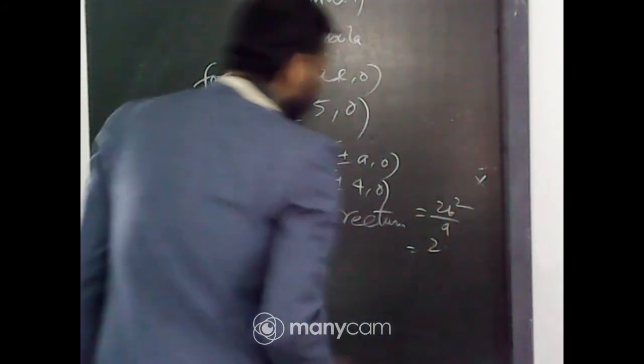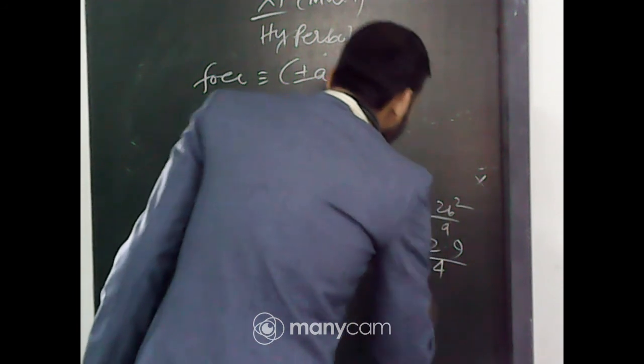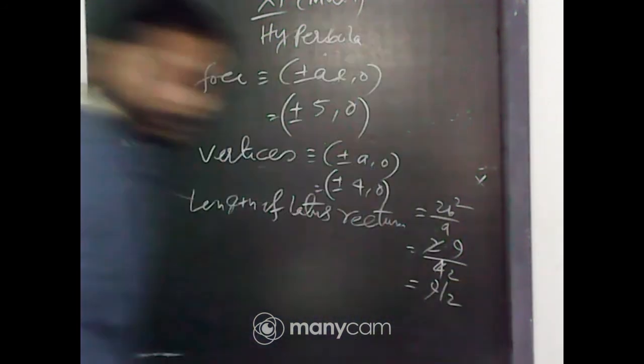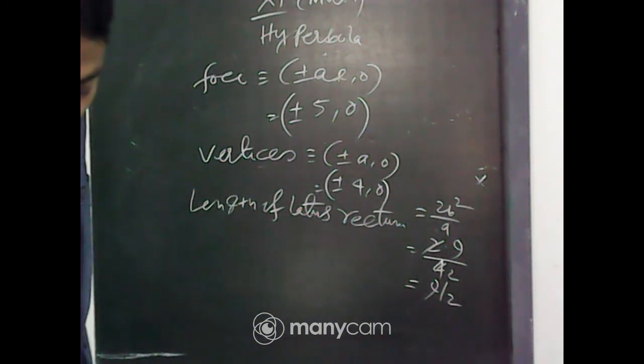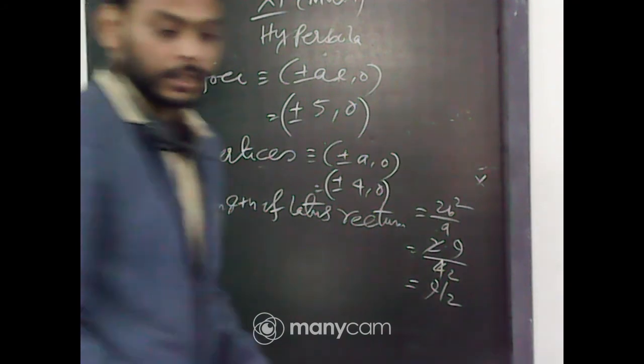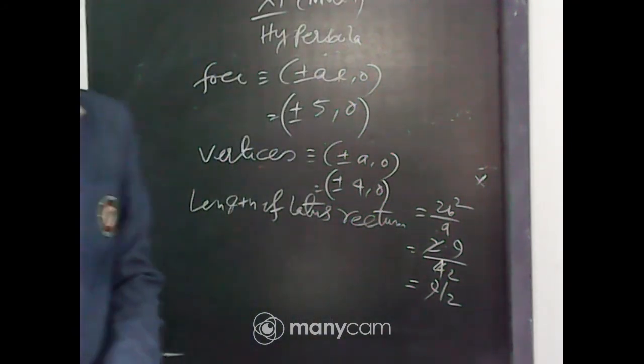So 2 into 3 square means 18 by 4, so it is 9 by 2, isn't it? That is the length of the latus rectum. We have done one problem.